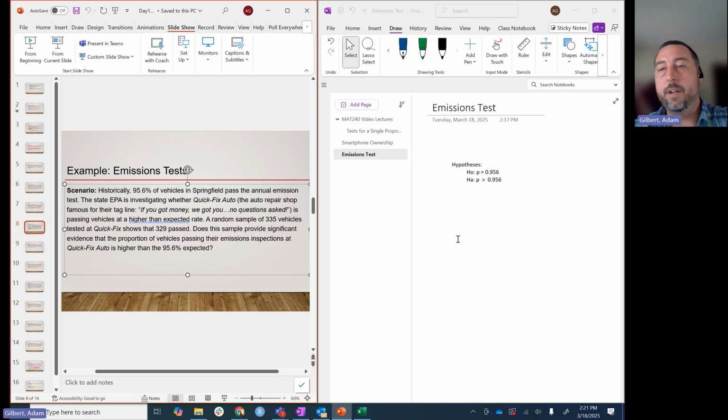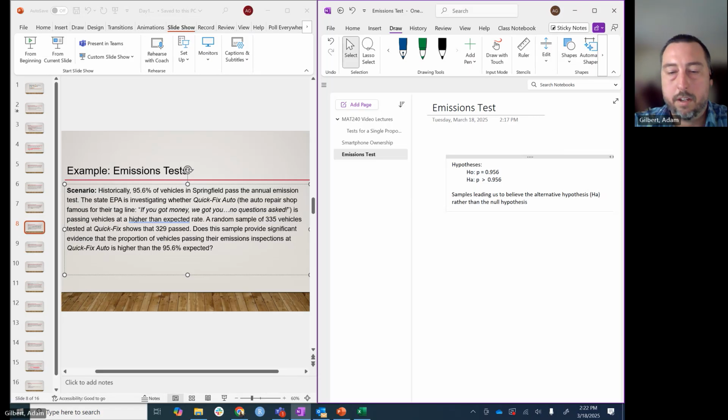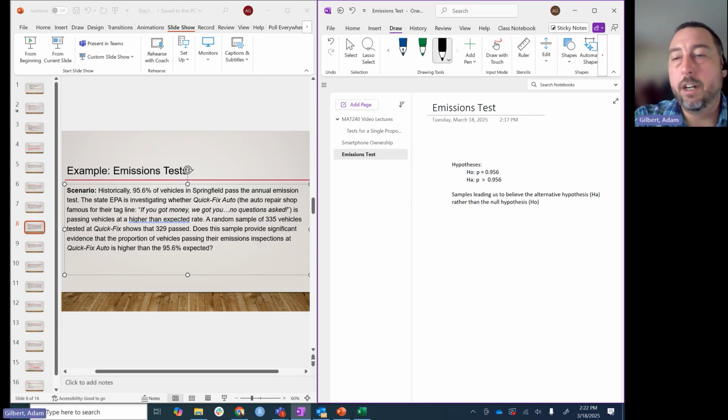Next thing we're going to do again is draw a picture of the samples leading us to believe the alternative hypothesis, that's HA, rather than the null hypothesis, that's H0. So again, drawing a picture here, we've got a bell curve.